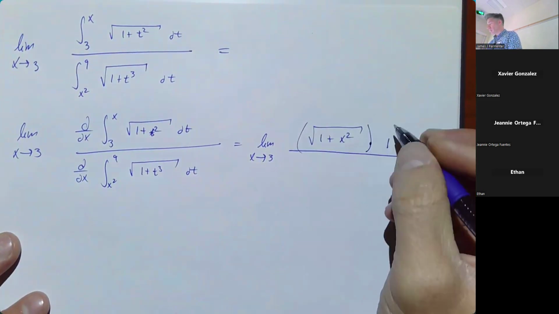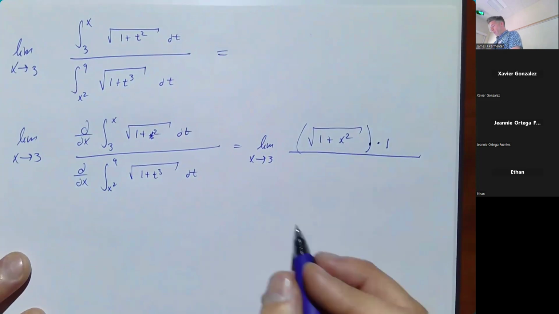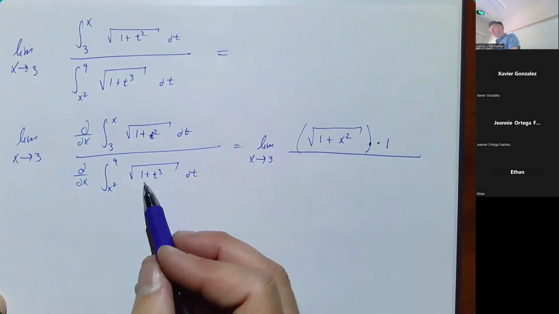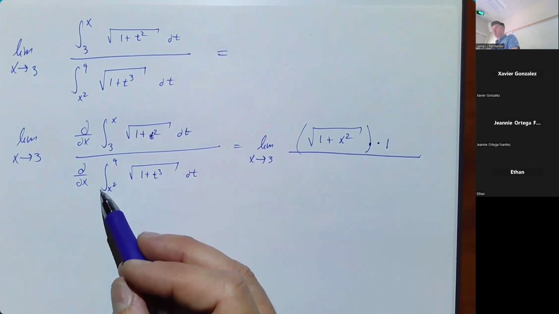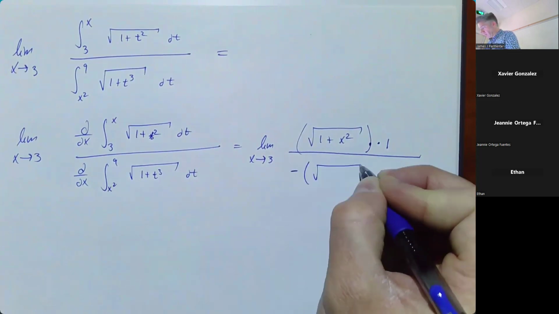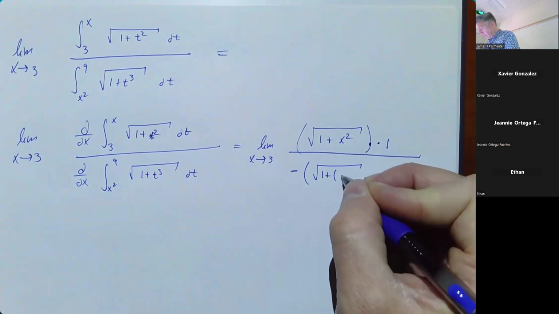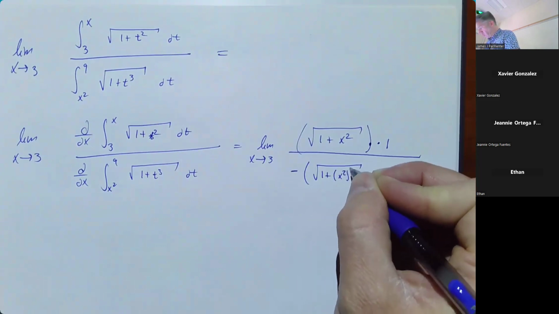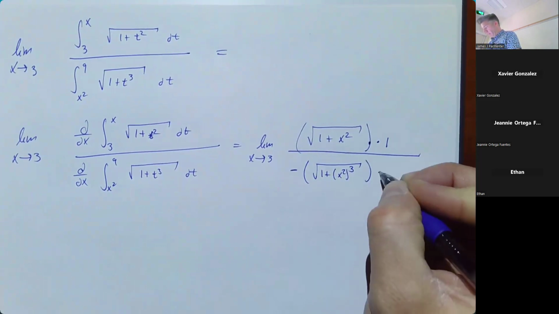Not required, but I think good for you to do. On the bottom, same idea, except on the bottom, since the variable's in the lower limit, it's going to be negative square root of 1 plus x squared cubed times what?